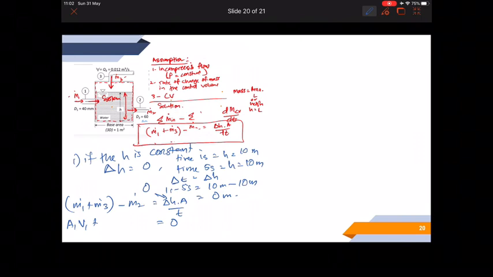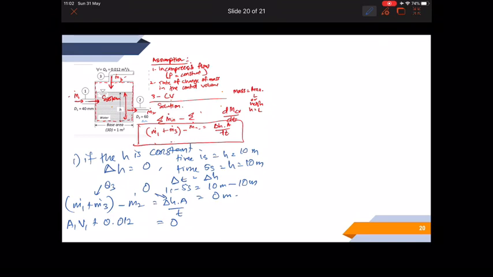M dot 3 they already give the flow rate, Q3, 0.012 meter cube per second, minus m dot 2. M dot 2 we don't know, we only know area 2 and V2. So they want to know V2, you can simply use the same solution like in the previous example.